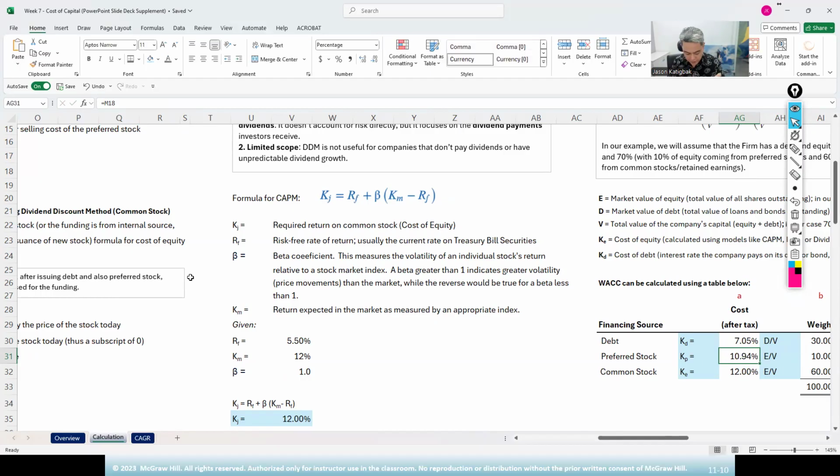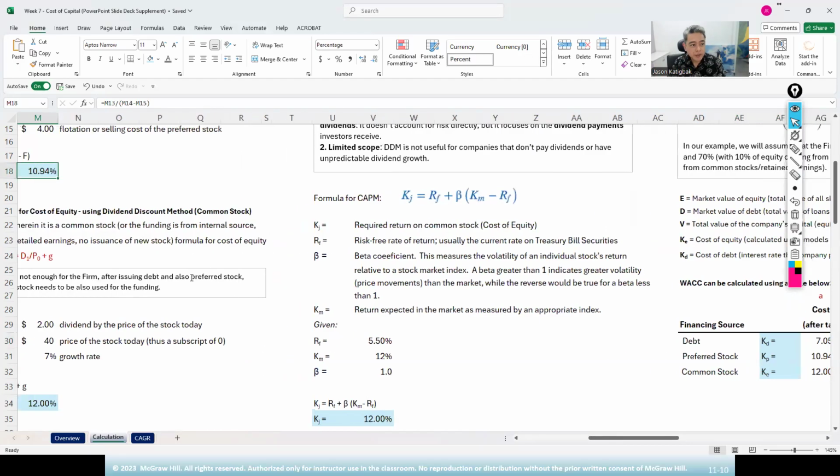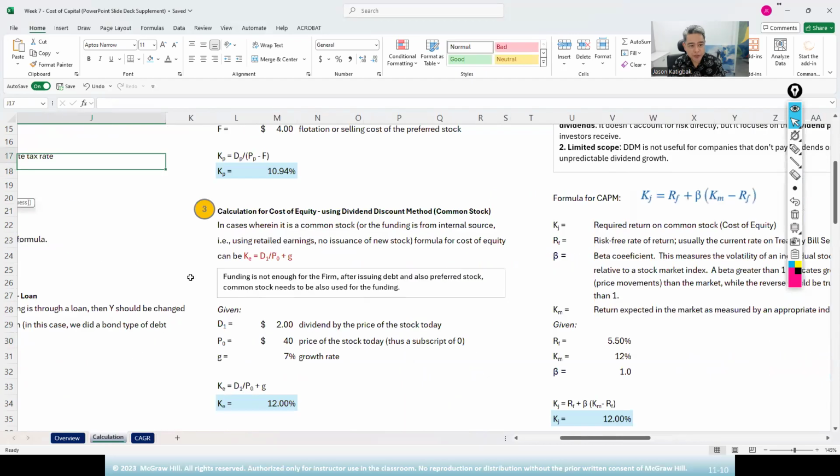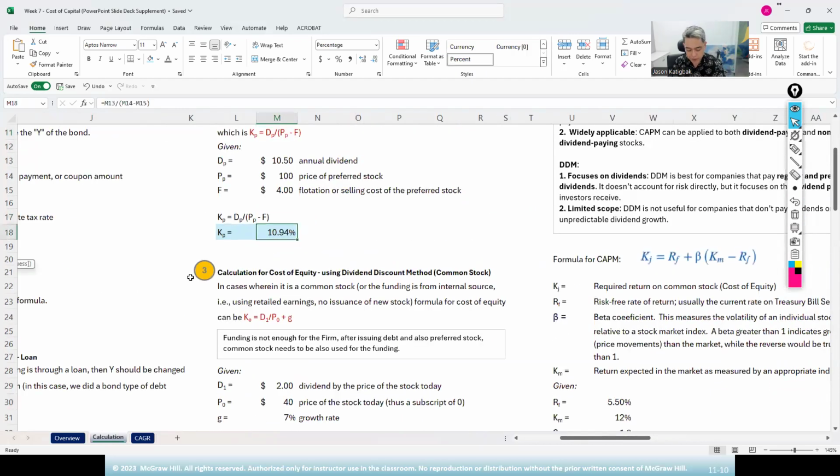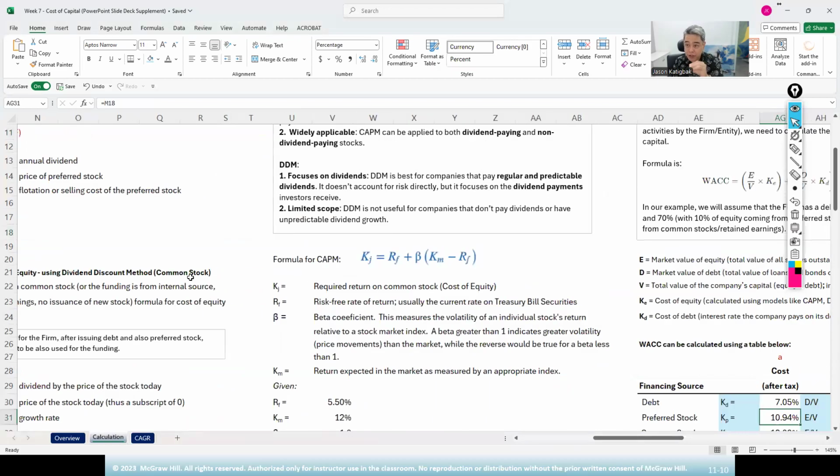10.94, M18, Control, and then the key after the letter P, which is a bracket. 10.94, so I can see that. I'm just going to move my cursor so I can see the description. Okay, I get that. Then I'll go F5 and go back to AG31, where we're at.